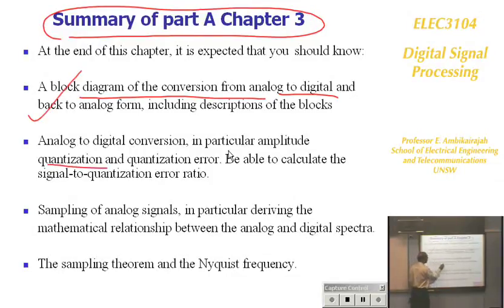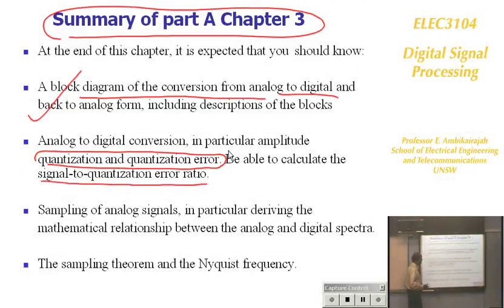I have mentioned here quantization error, and how you reduce the quantization error, all of which you should know. You should also be able to calculate the signal to quantization error ratio for a simple sine waveform. Then you need to look at sampling of an analog signal, in particular deriving the mathematical relationship between the analog spectrum and the digital spectrum, and to show that the digital spectrum repeats the analog spectrum within half the sampling frequency.